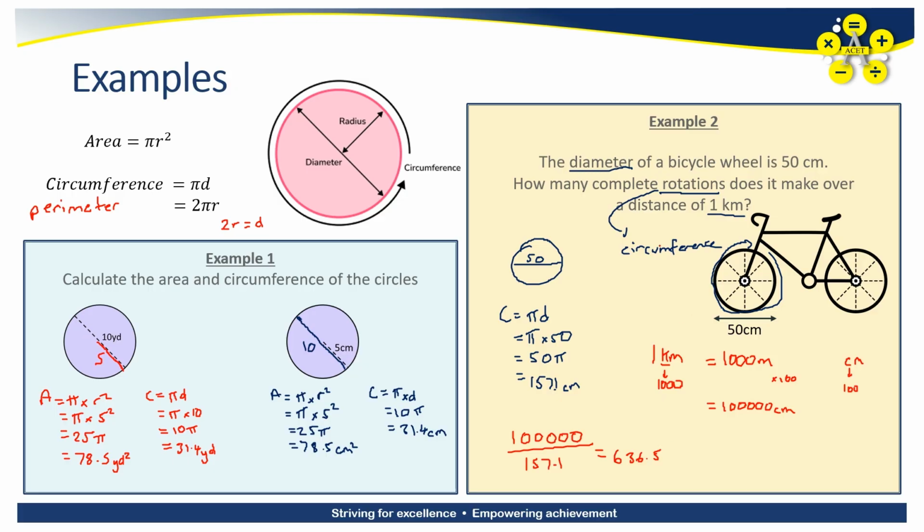Now I'm going back to my question. It says complete rotation, so I don't need this 0.5, I just need the whole ones. So rounding this down to the nearest whole number, that's 636. I can't use 637, that's too far, we've not gone all the way around. So there are 636 rotations.